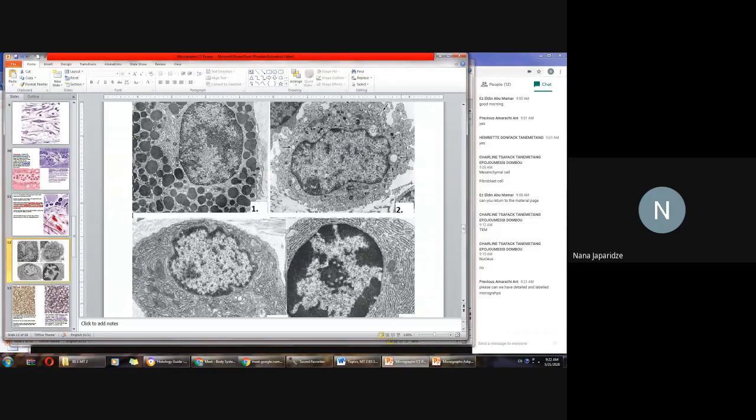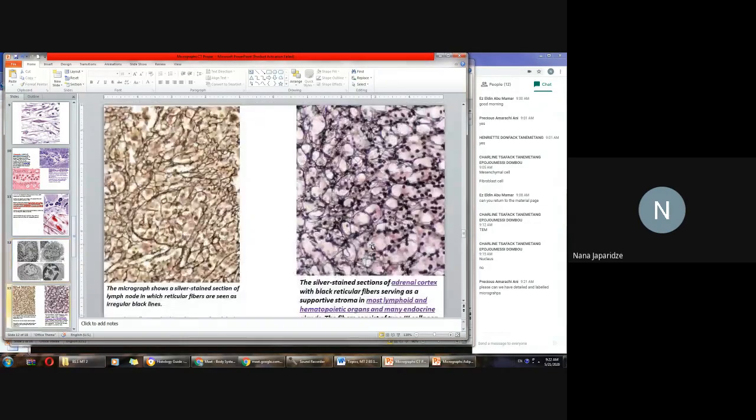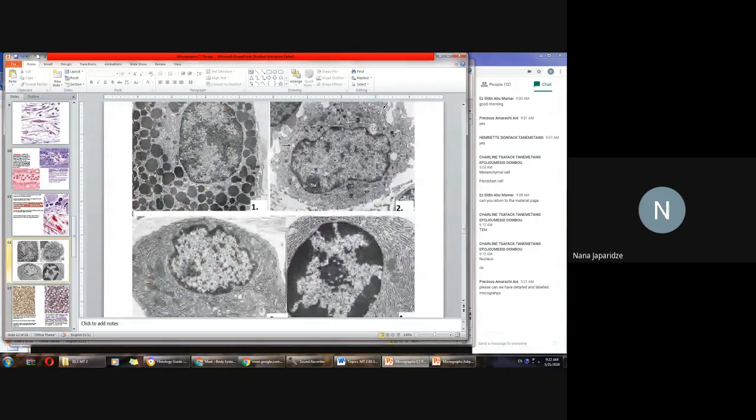Tricia, what do you mean detailed and labeled micrographs? Look, this collage, this set of micrographs, I can include in your questionnaire, and my question will be, what type of cell is represented on micrograph 2?